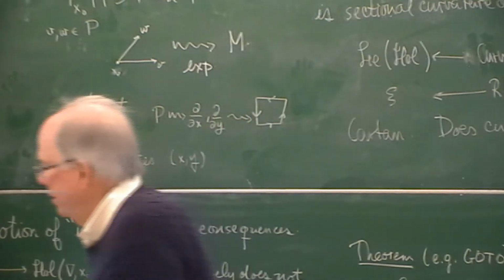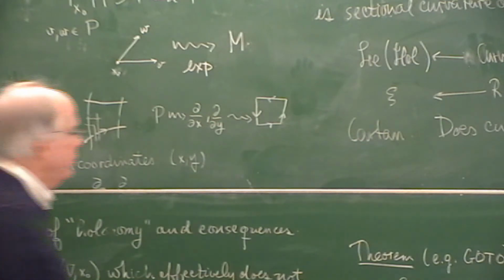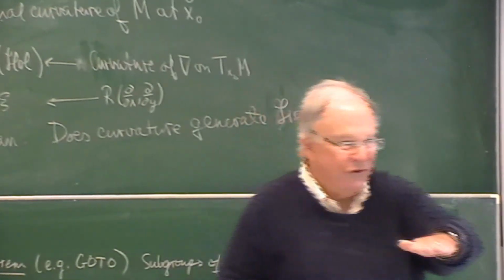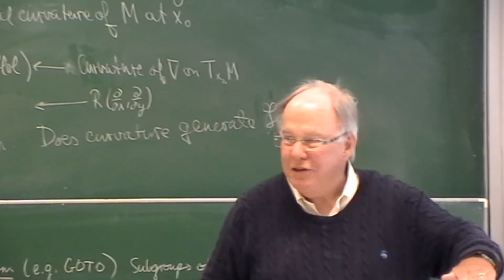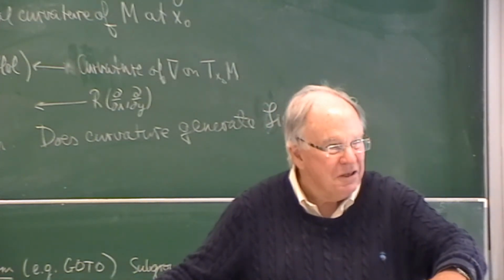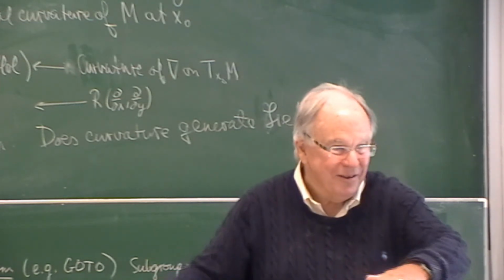Well, I'm very much afraid of this question because I just pointed out, we were talking about it just now, that you can flatten the manifold. You've got no curvature there, so you've got no holonomy. You can't do this everywhere. You can only do it there, and so on.